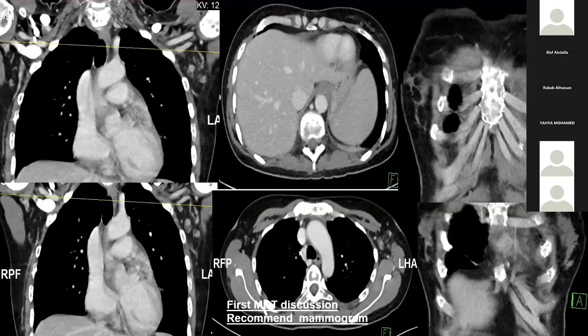On her CT chest, when we discussed it in the meeting, we raised the possibility of suspicious findings in the left breast. If we compare the axilla on the two sides, though there is no bulky lymph node, compared to the contralateral side there is asymmetry, raising suspicious features.